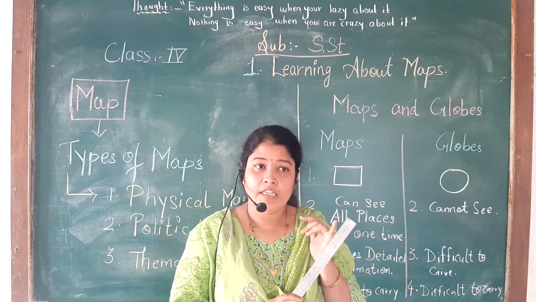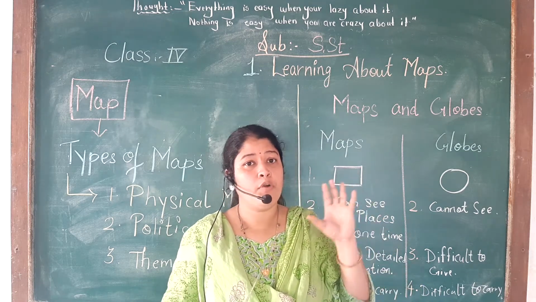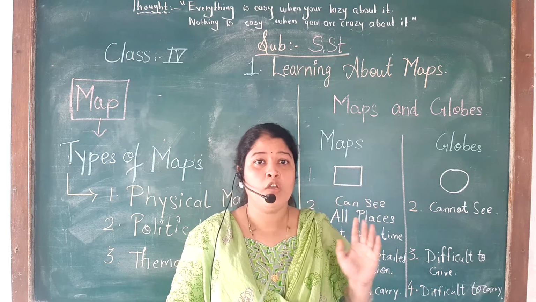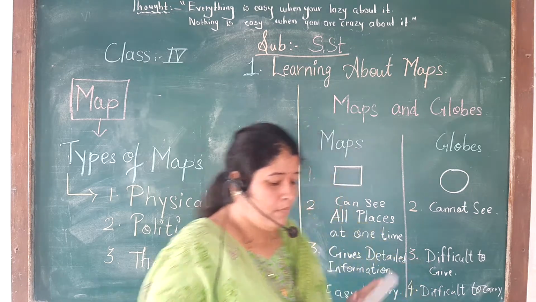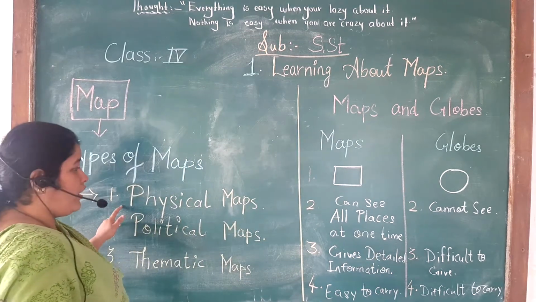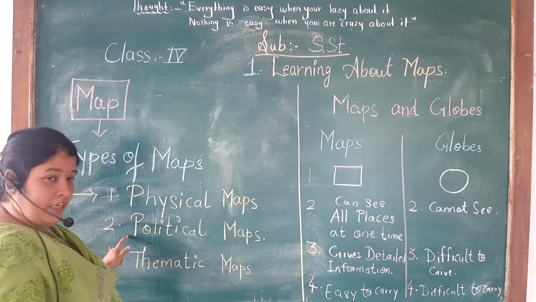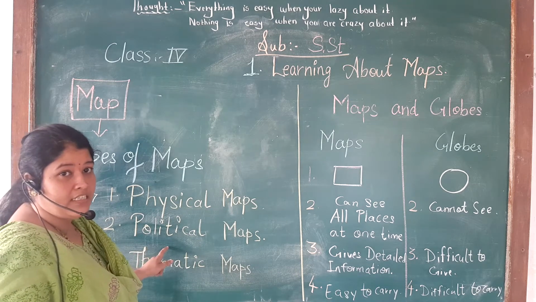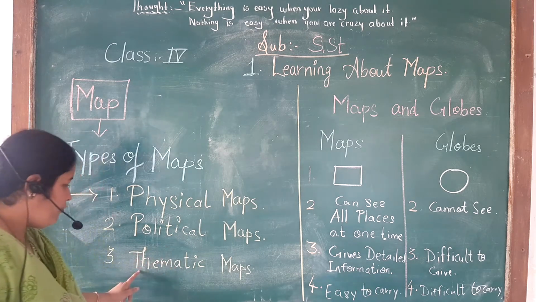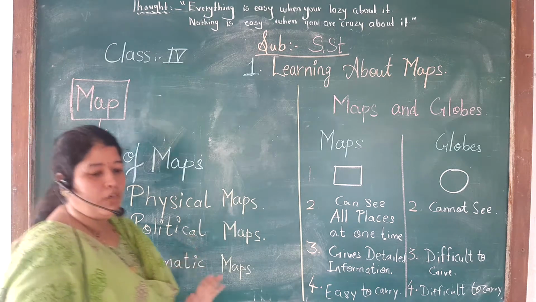Because for one thing they are drawing a map and showing that particular information in one map, so it becomes a special purpose map. Understood the three types of maps? Physical map showing the physical features, political map showing the different areas, continents, states, etc., and thematic map showing the themes on a particular map.